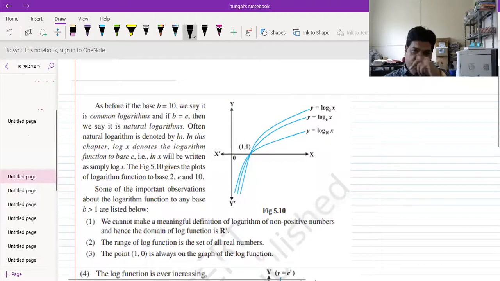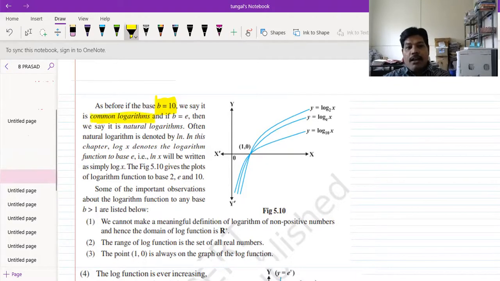So what are the graphs of this one? If the base b is 10, then the logarithm is called the common logarithm. If b is equal to e, then we say that it is a natural logarithm.